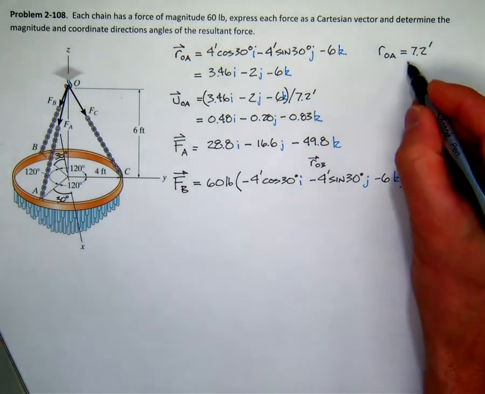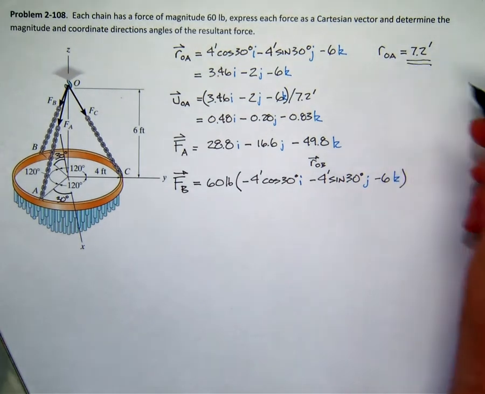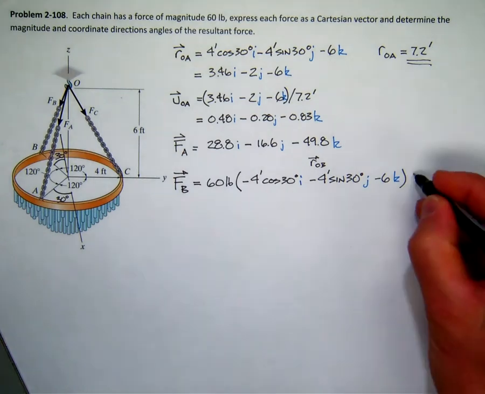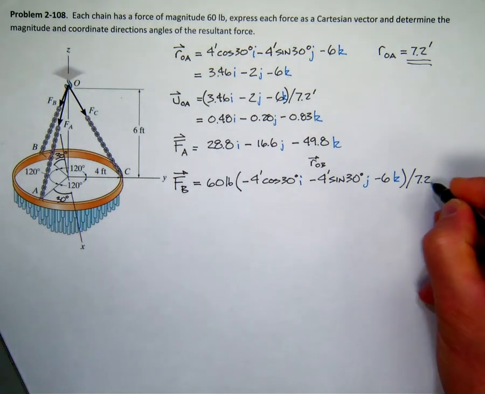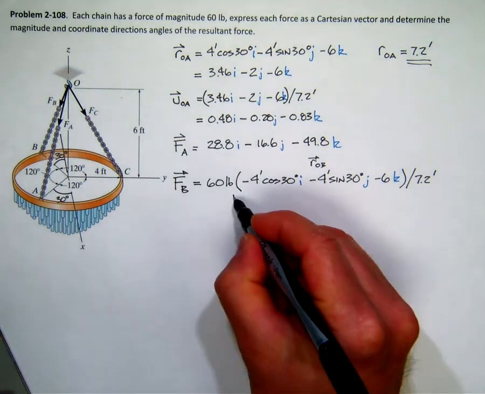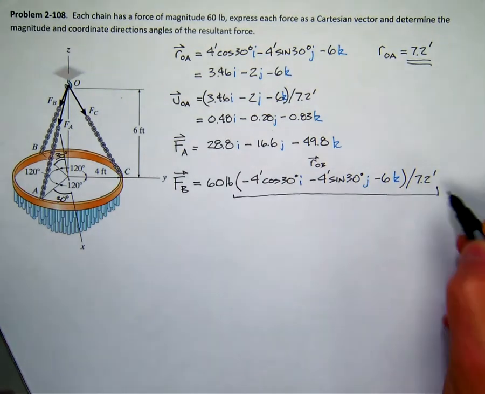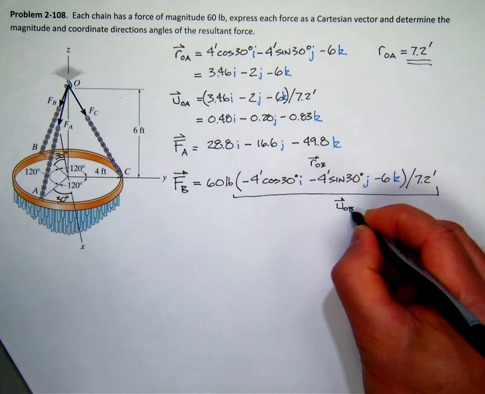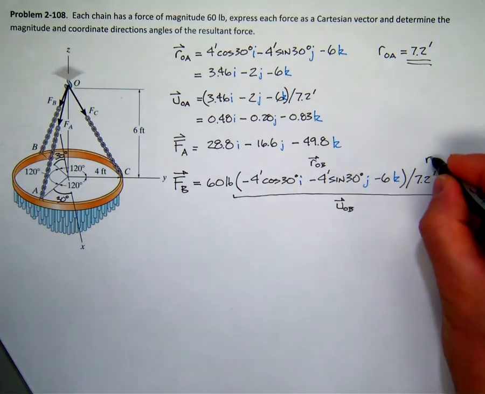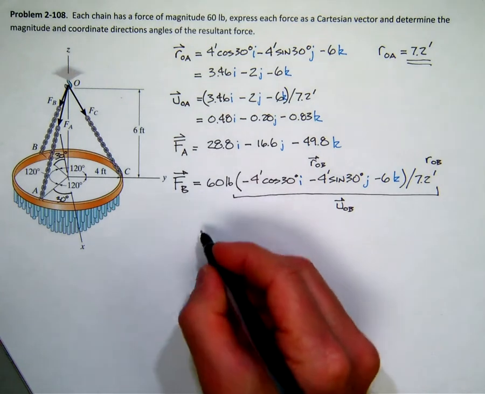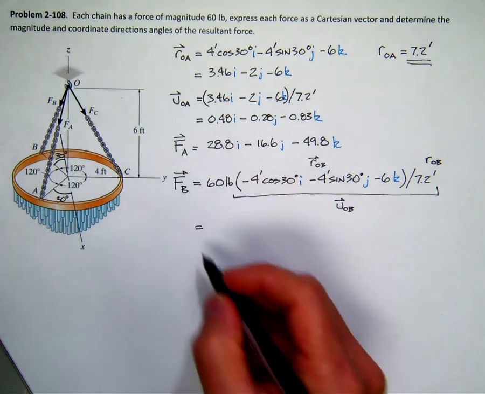So we should get the same 7.2 magnitude. You see that? So I can just come out here and divide this by 7.2 feet. So this is my position vector from O to B. Position vector divided by magnitude, and then multiplied by 60 should give me the final form of FB.